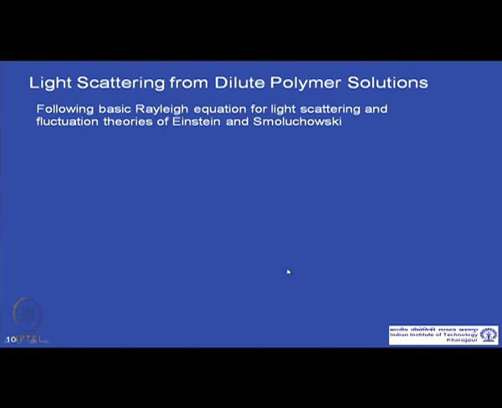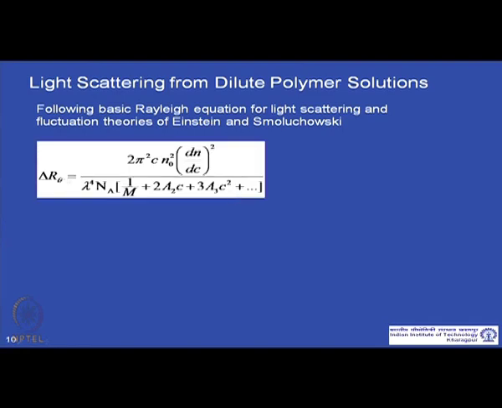So, we go directly to the scattering equation, which is based on the basic Rayleigh equation for Rayleigh scattering, and also on the fluctuation theory based on Einstein and Smoluchowski. This is for a small molecule, a solute that is a point scatterer.